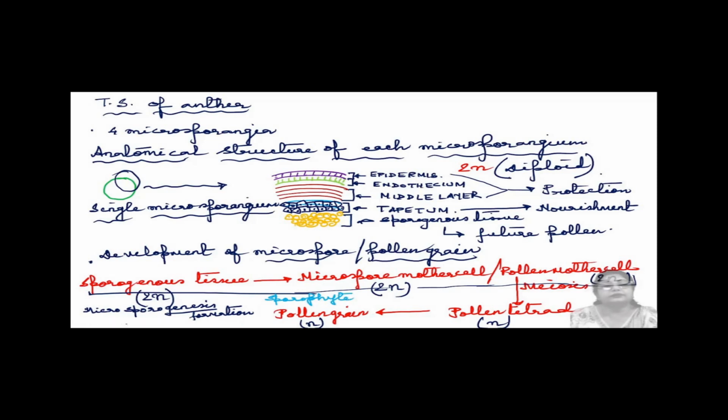And this one, the pollen grain, is called what? Gametophyte. So students get confused when the question comes to describe the gametophyte of a flower, then you have to describe the pollen grain. Describe the sporophyte, then you have to describe the microsporangium, microspore mother cell, and this.